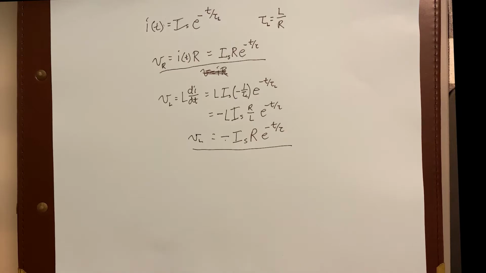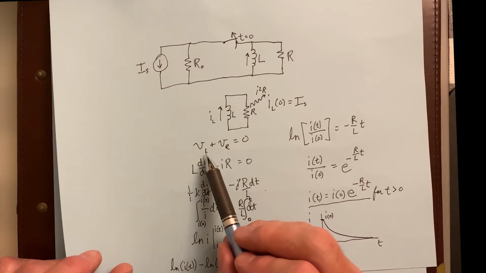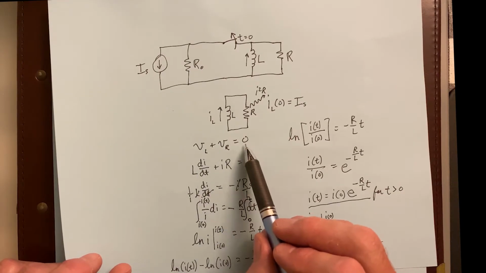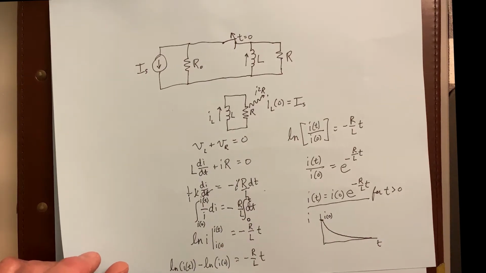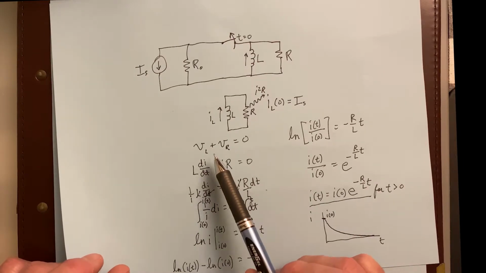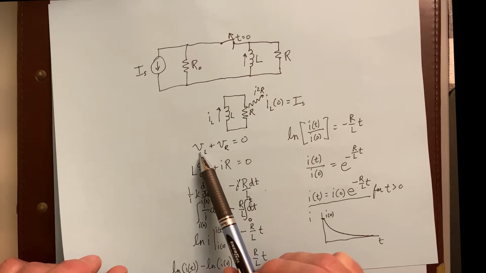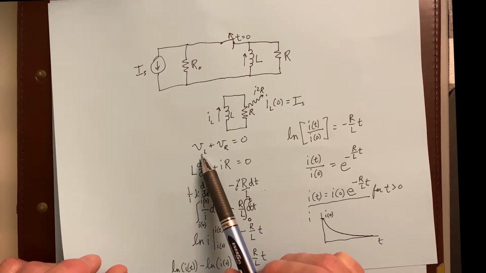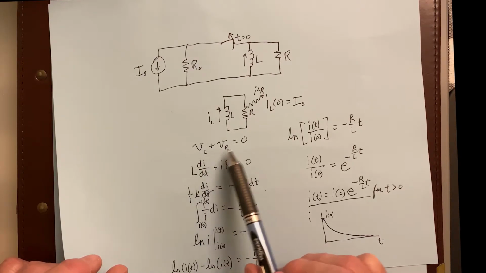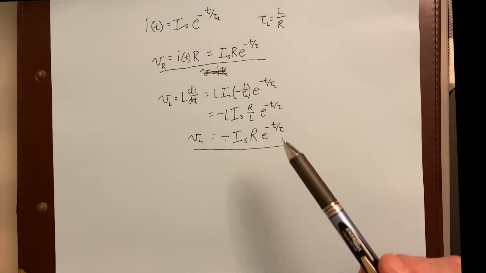Now, you should have expected that because these two things have to add up to be 0. So one of them had to be negative in order to make that happen. And because they're changing over time, as this one changes over time, you expect this one to change over time at the same rate, so that when you add them together, it has to be 0. And we see that here.